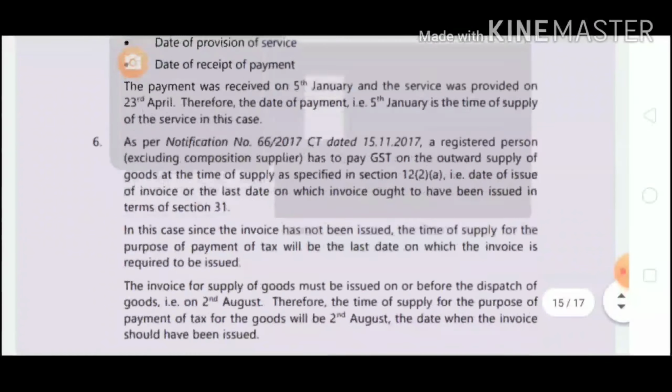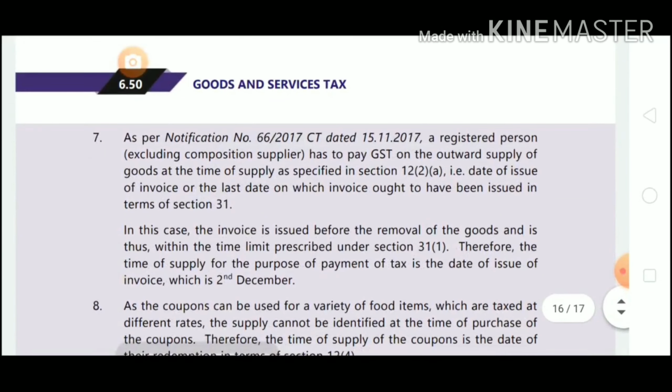As per notification, a registered person excluding composition supplier has to pay GST on the outward supply of goods at the time of supply as specified in section 12 subsection 2 clause A, that is date of issue of invoice or the last date on which invoice ought to have been issued in terms of section 31.